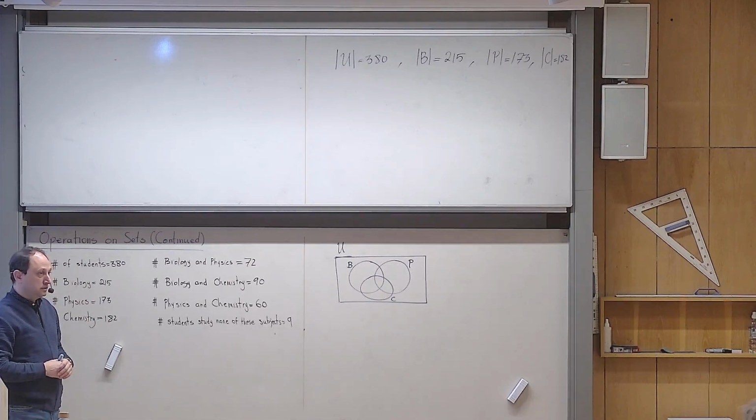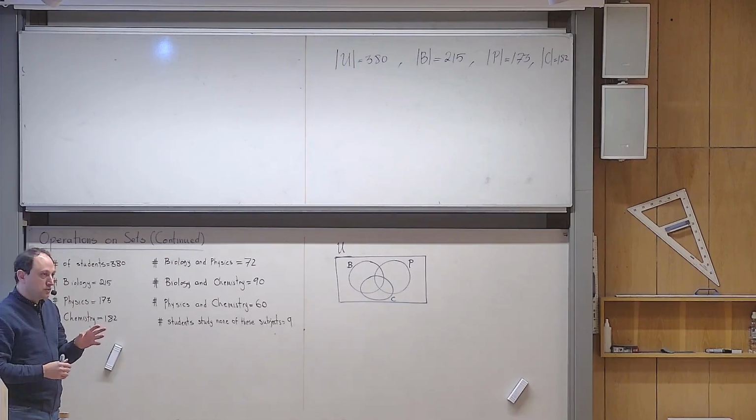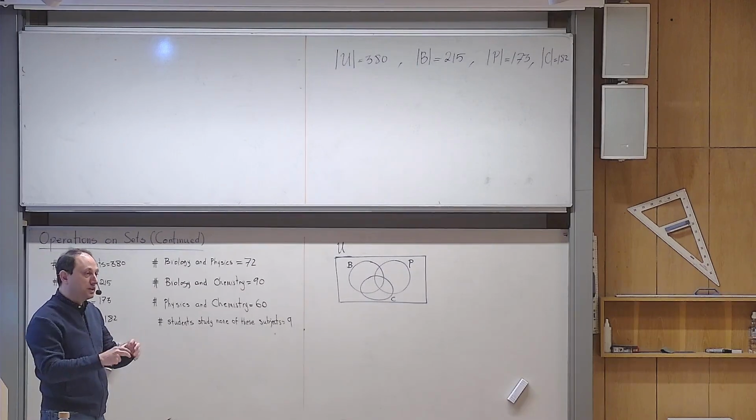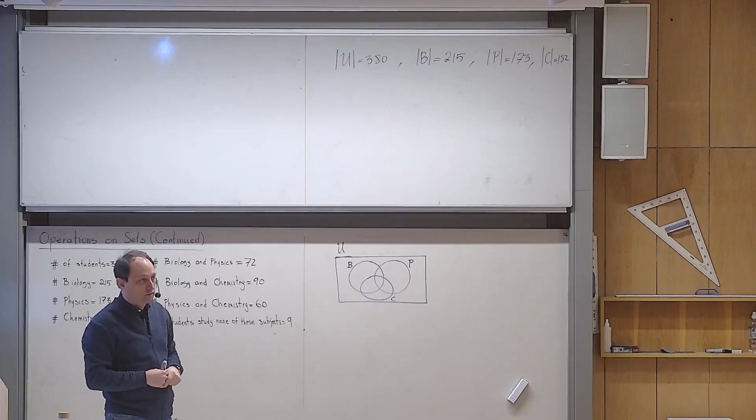Why can't we assume that there are students that take all 3? Why we can't? No, why do you assume that there are students that take all the 3 courses? No, this is the most general case. If it happens that there are no such a student, then it turns out to be 0 in your calculation. But from the beginning, if you exclude that possibility, that might not be close to reality.